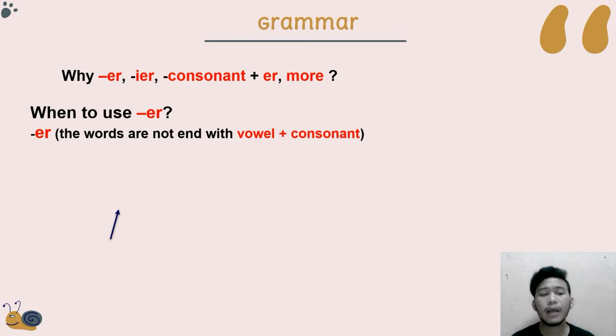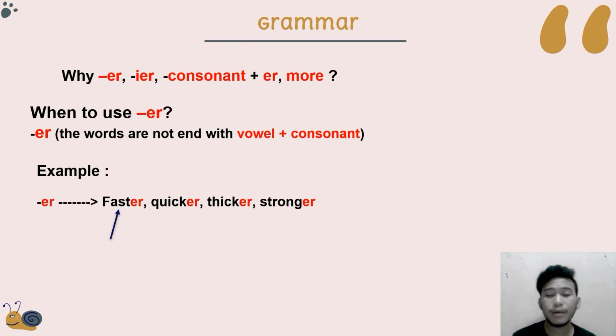Okay, so when do we use er? We will add er when the words do not end with vowel plus consonant, whether it is only a vowel or only a consonant.